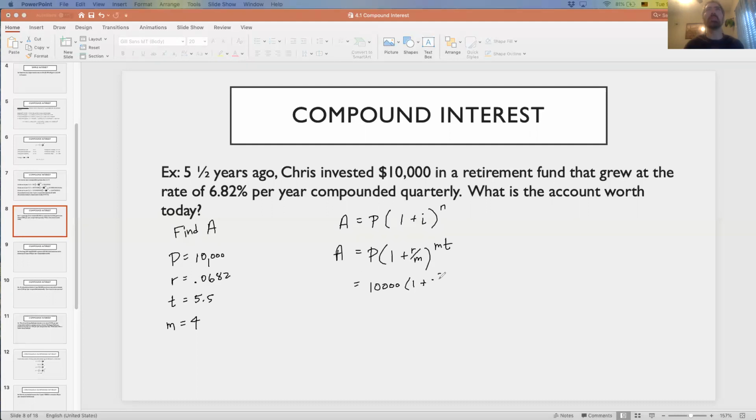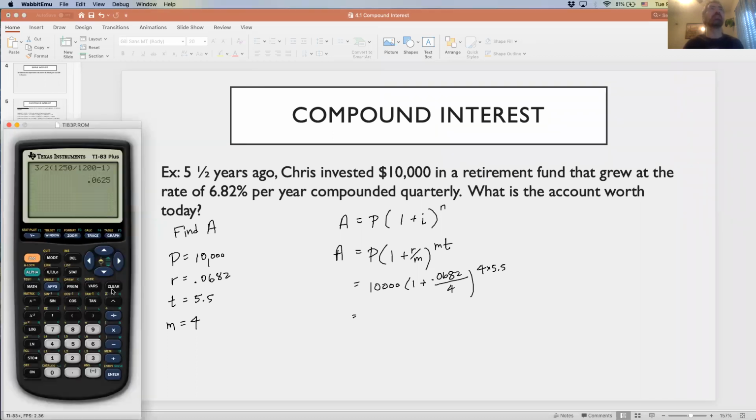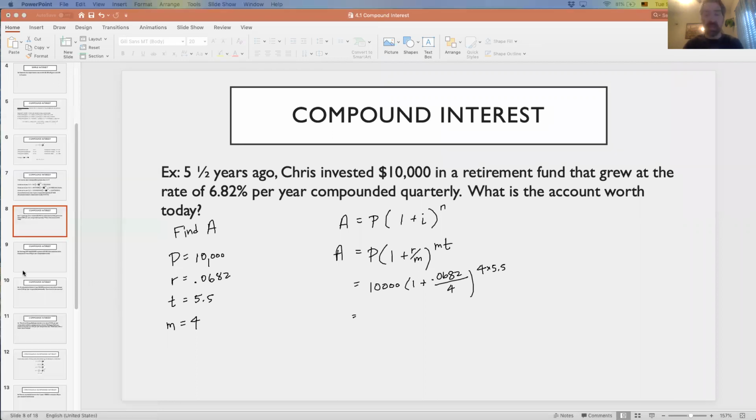R is 0.0682. M is 4. And that's raised to the 4 times 5.5. And now I like writing it like this because I intend to put this into the calculator exactly as it's written. So that way I don't have any intermediate answers that I need to calculate.